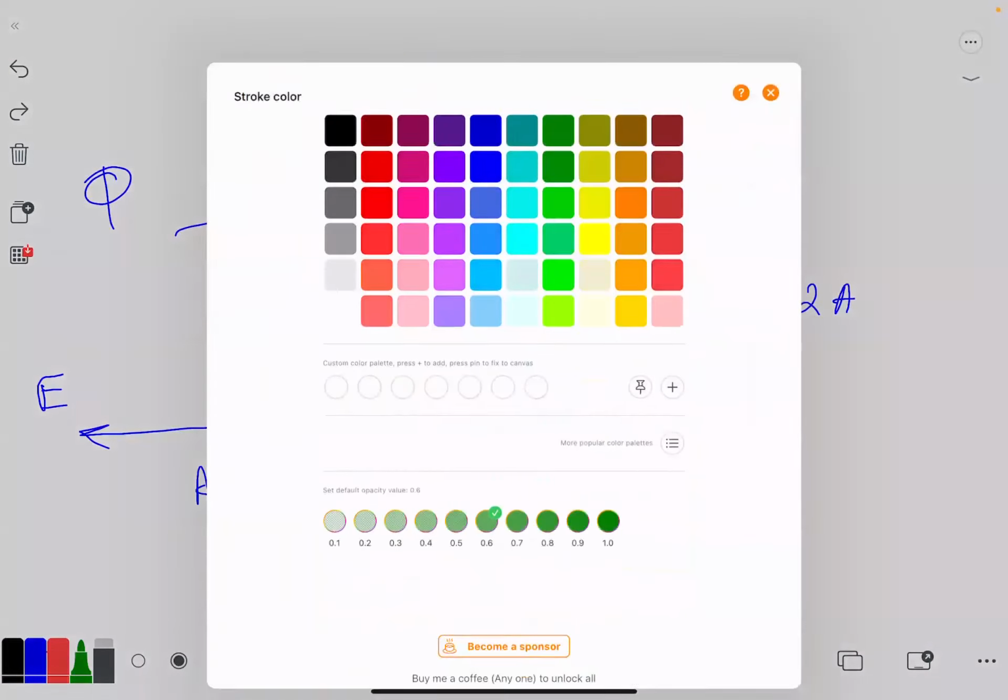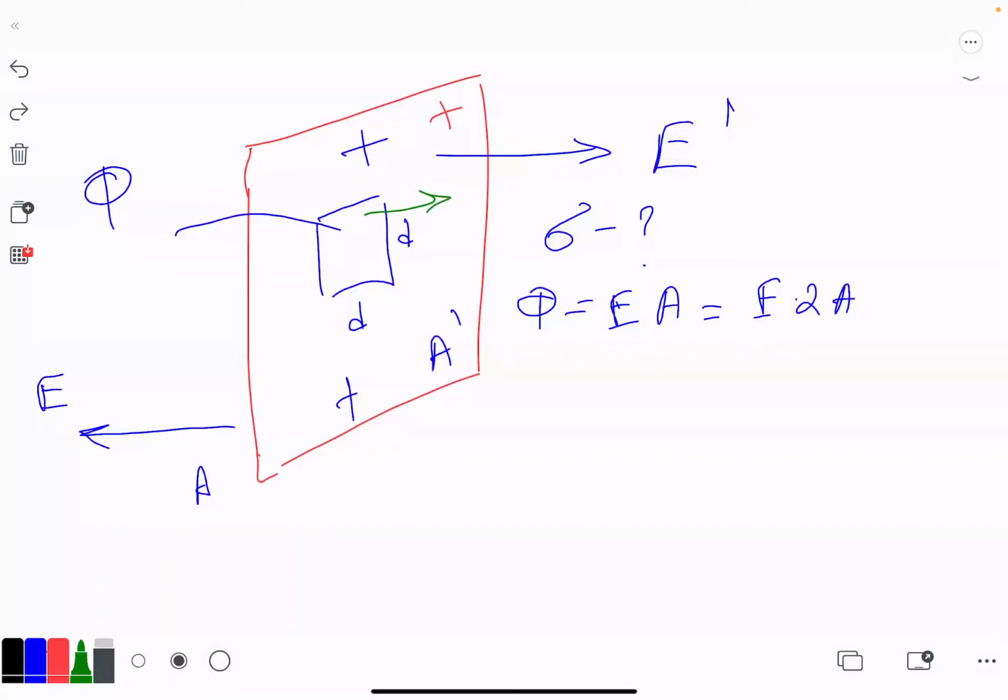And this is also equal to Q enclosed, or total charge on this large sheet, divided by epsilon naught.